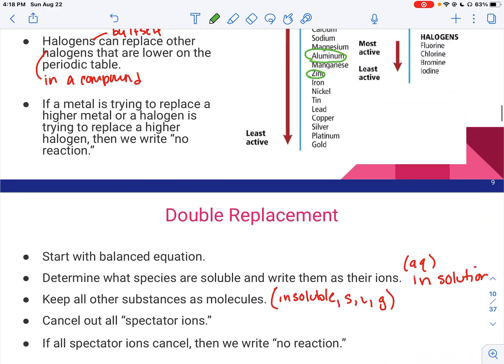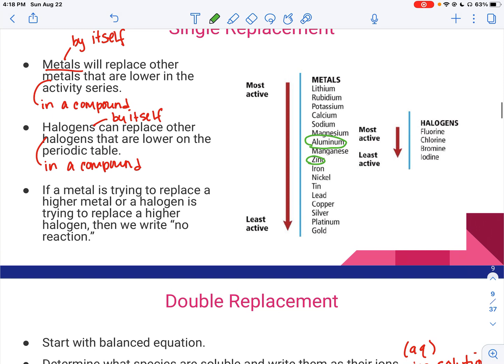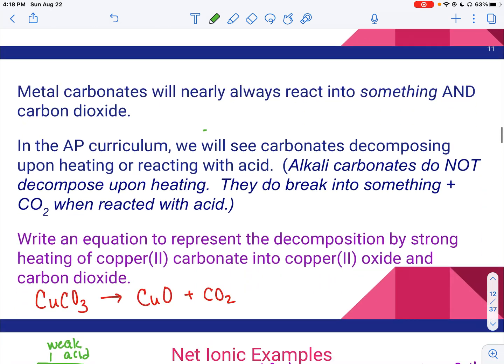Gold is the one by itself. So gold is all the way at the bottom. I don't even have to look up the other one, but here's silver. Gold is the one by itself, that means the one by itself has to be higher, remember. So here, gold, no reaction.